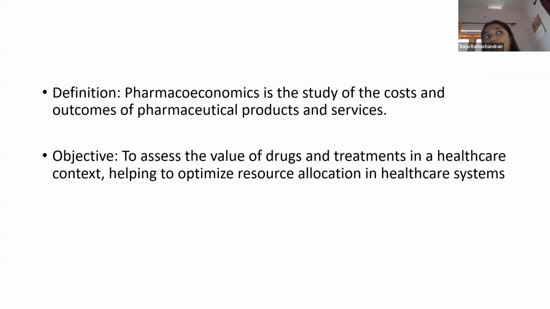So pharmacoeconomics is a study related to the cost, the money, and the outcomes related to it. The main objective of pharmacoeconomics is to evaluate and assess the value of drugs and treatments in healthcare, and also to optimize the resources.